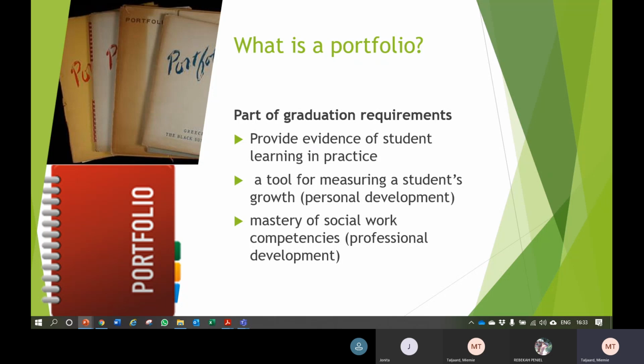And they decide whether a course at the university fulfills that specific requirement. So this portfolio of evidence will most probably be part of every single college or school where they teach social work.